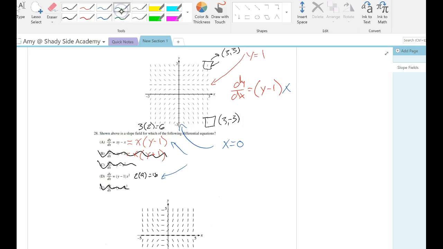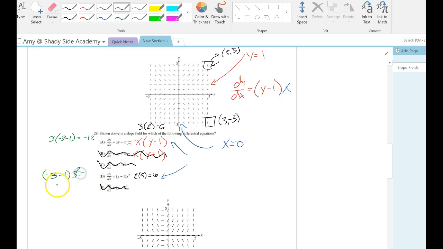I'll do this one in green. If I plug in (3, -3), I'm going to get 3 times (-3 minus 1), so that's -12. Over here, I'll do (-3 minus 1) times 3 squared.